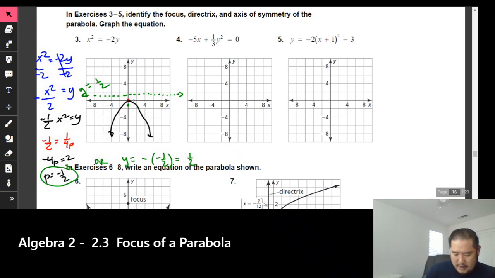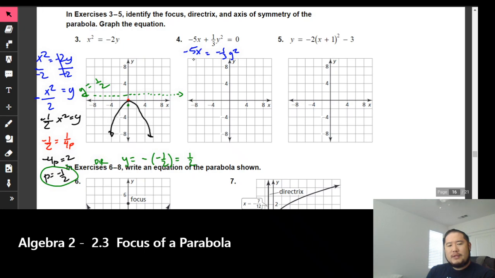Right here, y squared, the y has the exponent, which should tell you that your parabola is going to go left or right. So in order to figure out which way it's going, we've got to do some work to solve it out. You probably would want to do this on a separate sheet of paper, just so that you have enough space.